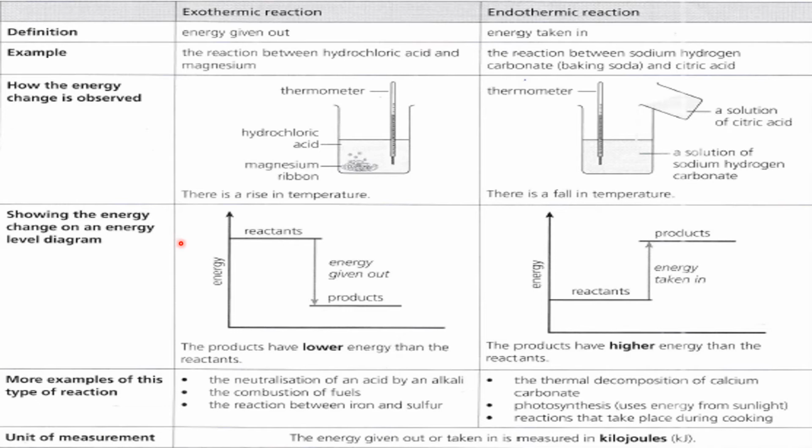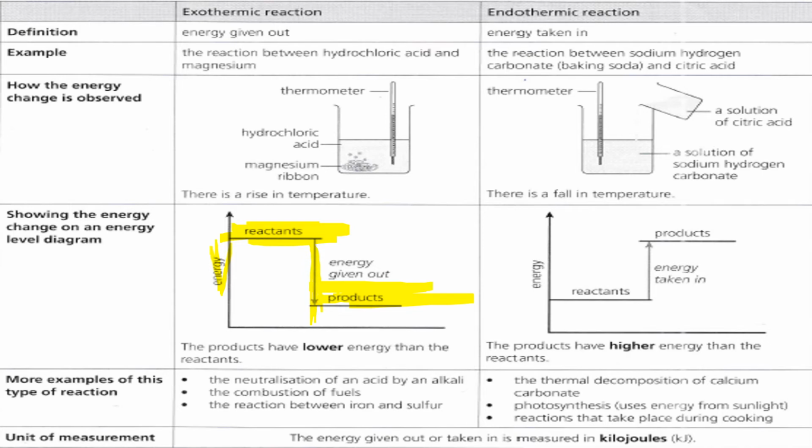So the energy level diagram. You can see this energy level diagram. Reactants over here, products over here, and you need to draw this arrow too.